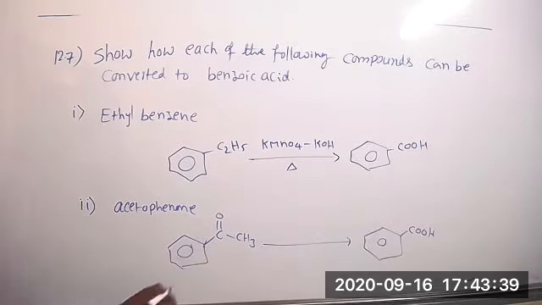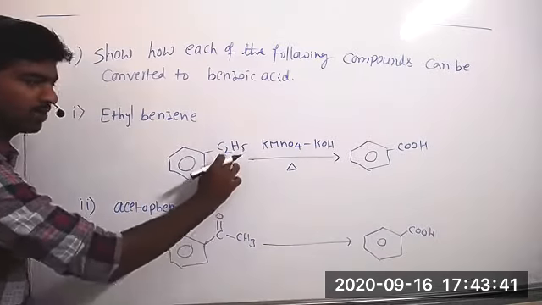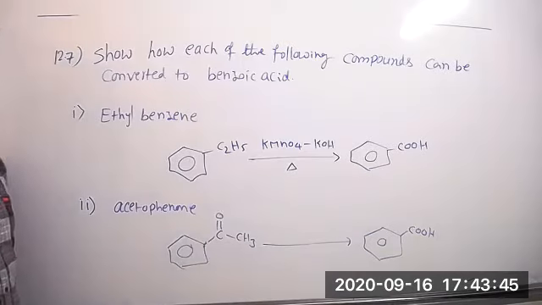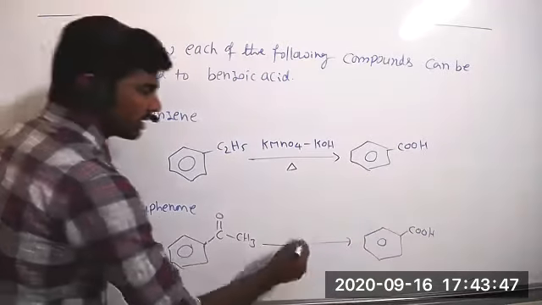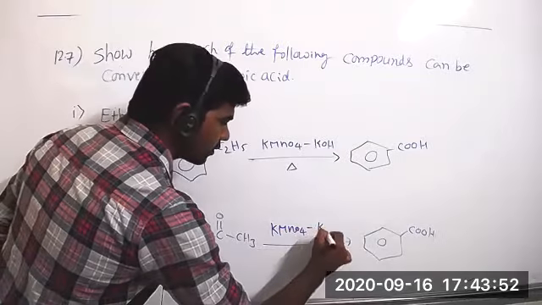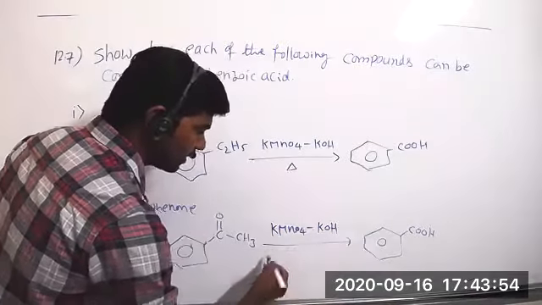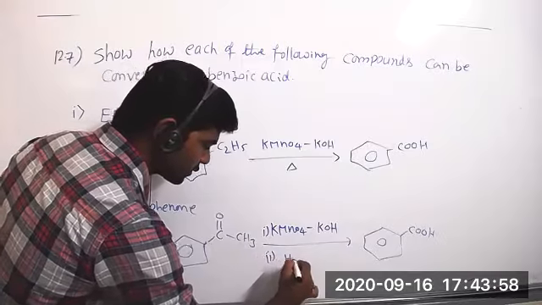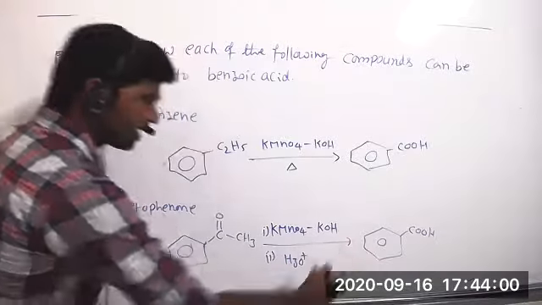It gives benzoic acid. When benzene is attached to any alkyl groups, any phenone groups, or even alkenes, we can convert to benzoic acid first by treating with KMnO4, KOH, and then directly heating, or you can do acid hydrolysis. It gives benzoic acid.